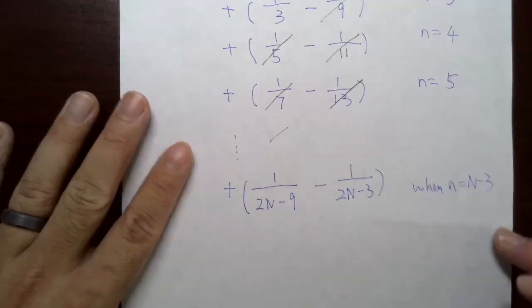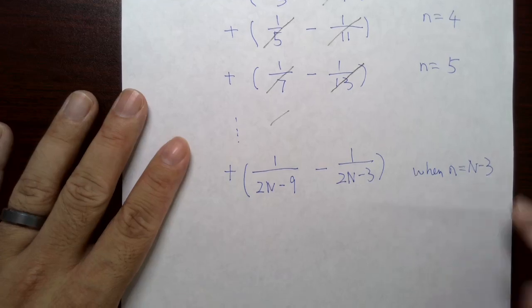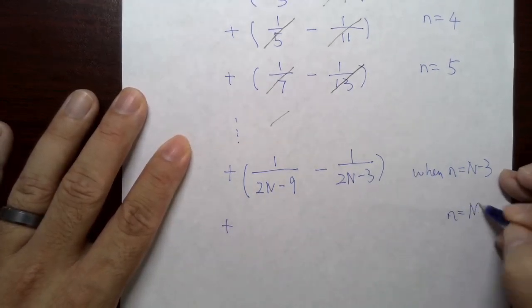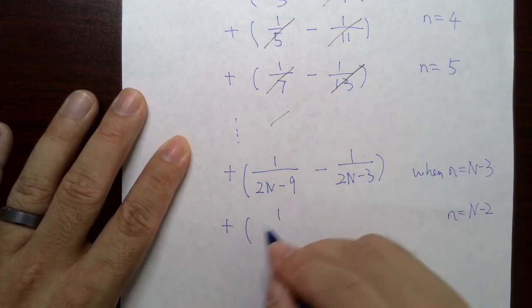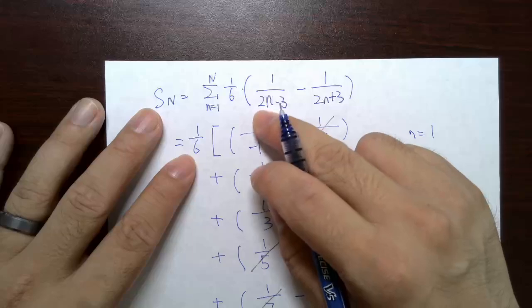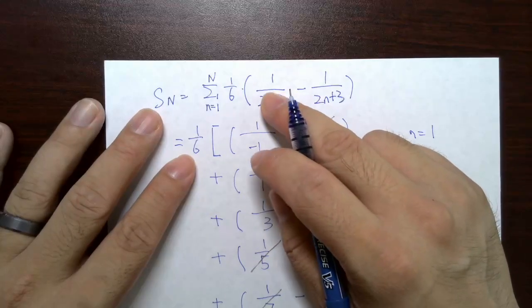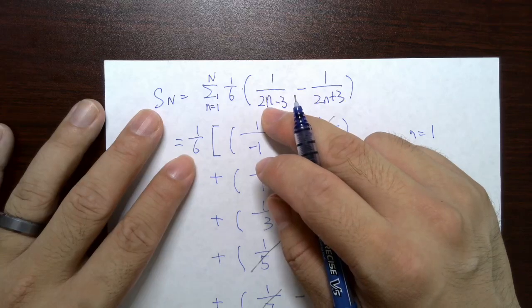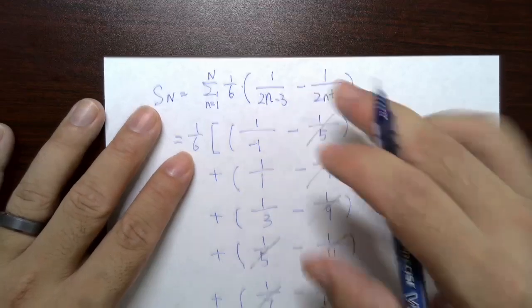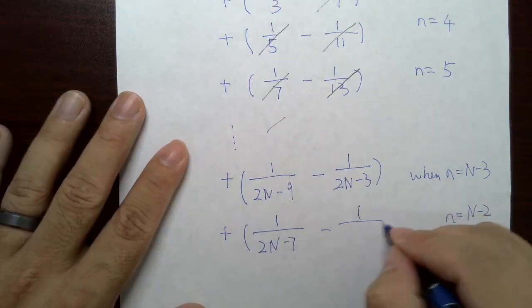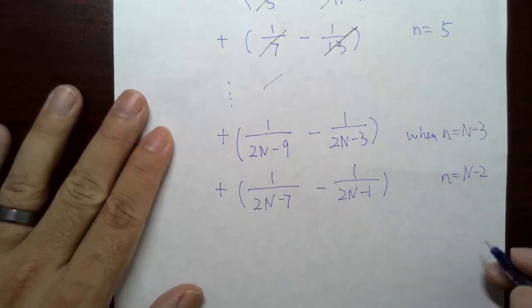So this is the term when small n equals capital N minus 3. Now we move on to when small n equals capital N minus 2. You can write it out: that is 1 over 2 times N minus 2, so 2N minus 4, and then minus 3, so it's 2N minus 7, and then minus 1 over 2N minus 1. Okay, so you can finish that calculation.